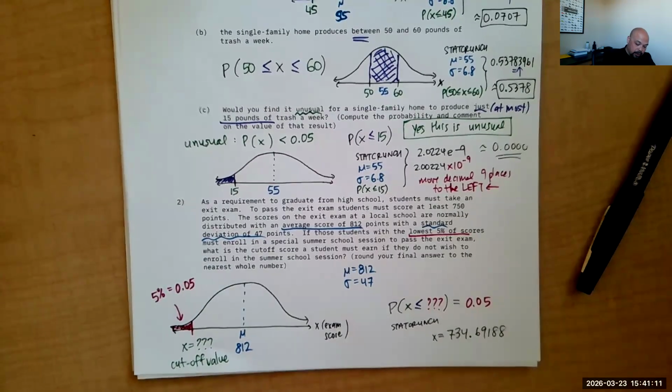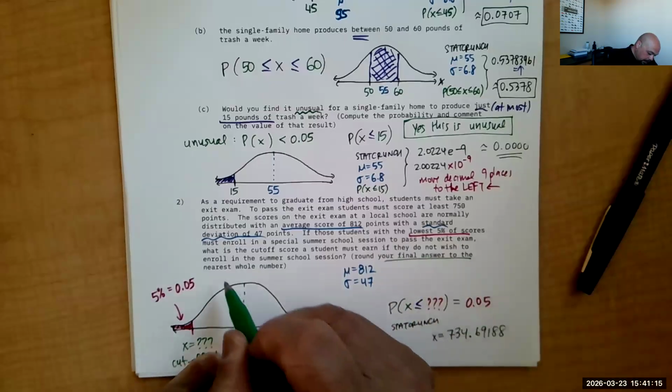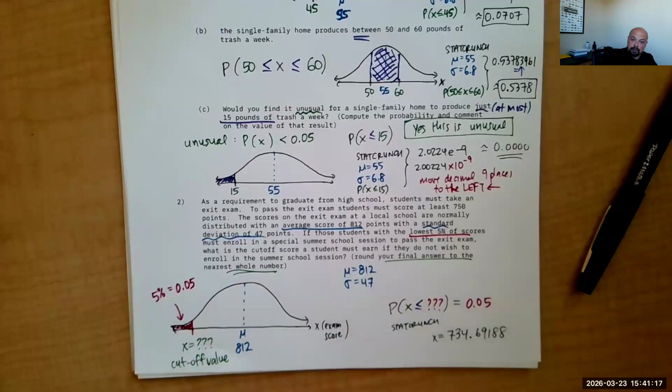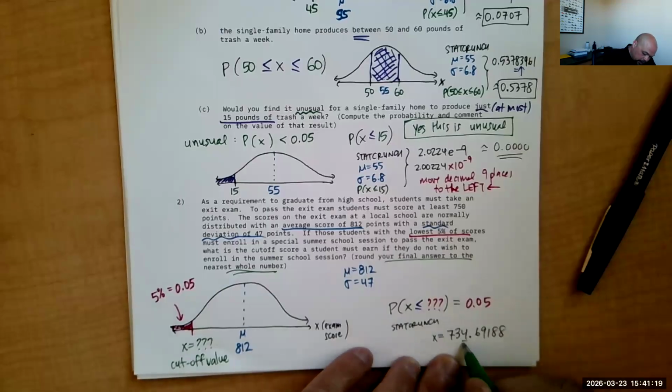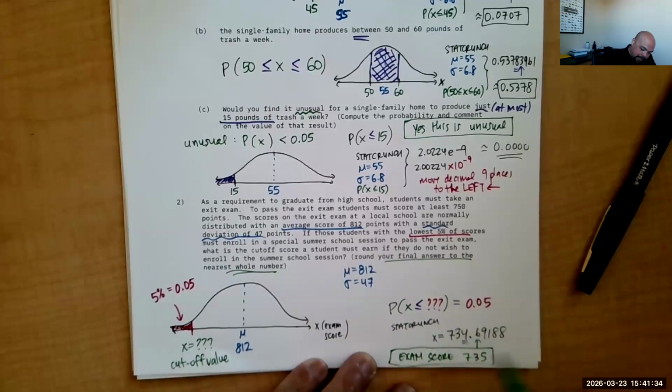In this case, we're going to round our final answer to the nearest whole number, so basically no decimals. The 6 in the tenths place rounds us up. So our exam score, that cutoff value, is 735.